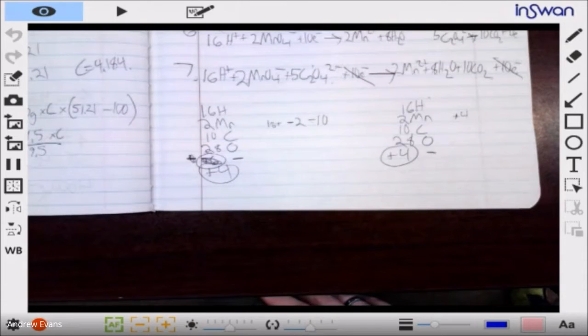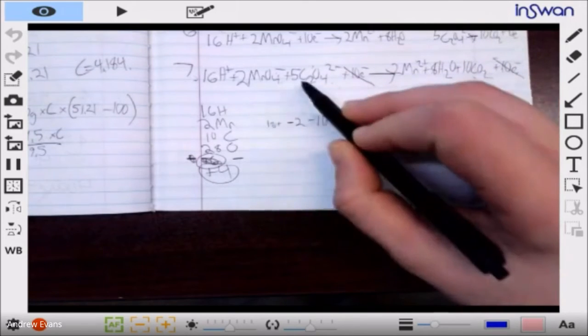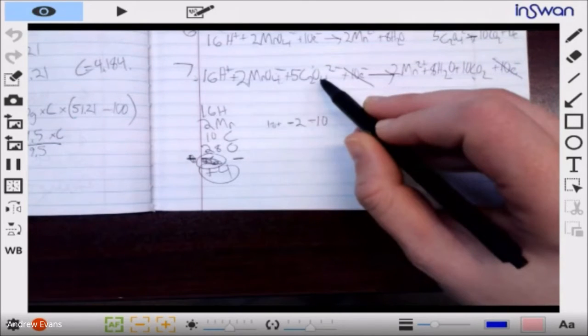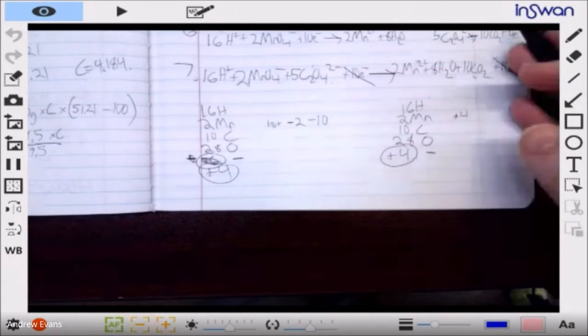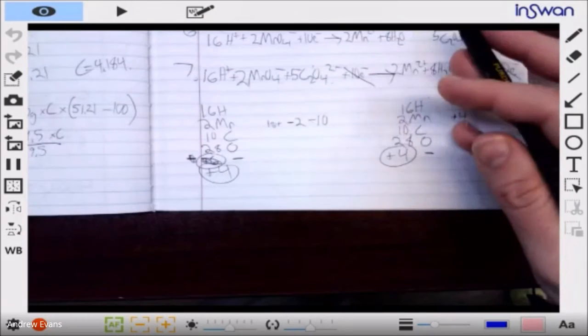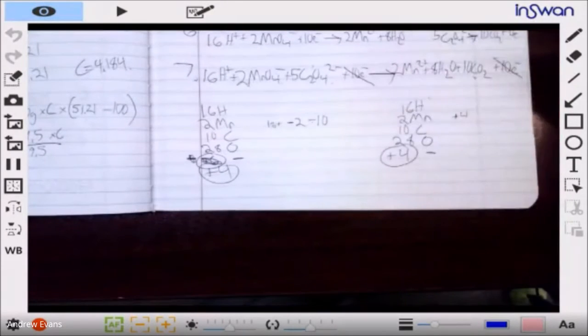However, my way doesn't require you to actually know the oxidation state of manganese. You can just use the charges to find it. My way didn't make you find out that carbon was 4 plus, or 3 plus there.